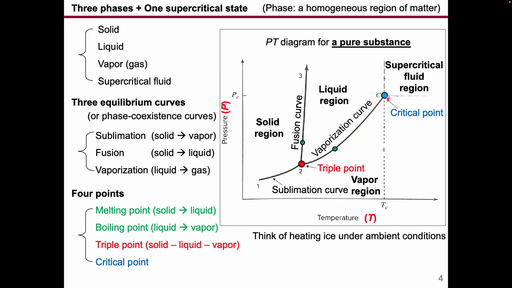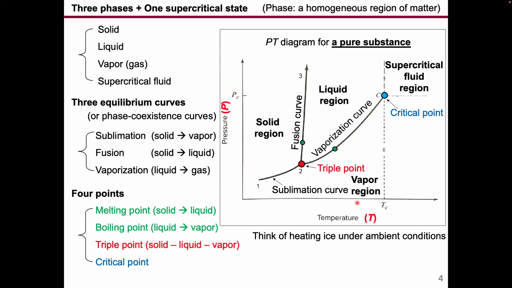So these two points are fixed, right? But the boiling point and melting point depend on the pressure of the system. When the pressure increases, usually the melting point increases and the boiling point also increases, okay?